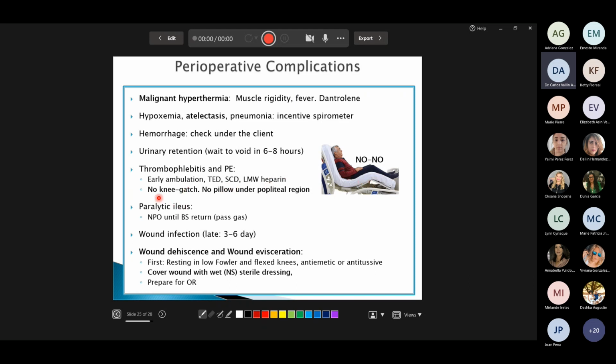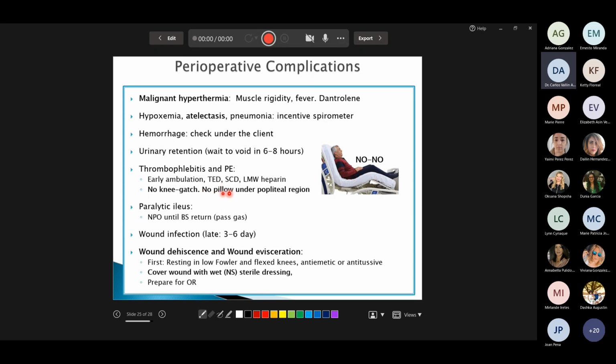Okay, you need to know this term, knee gatch. Do you see how I put this bed? There is a clinical bed where the part that is behind the knee can be elevated. This is called knee gatch. Okay, knee gatch. This is no good.